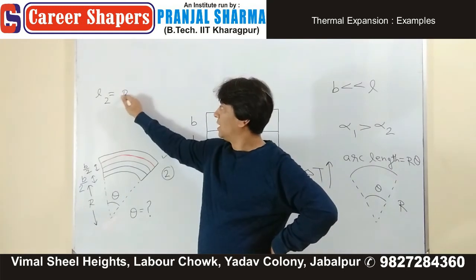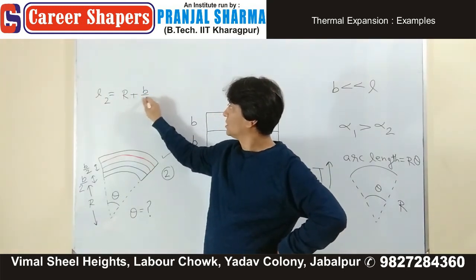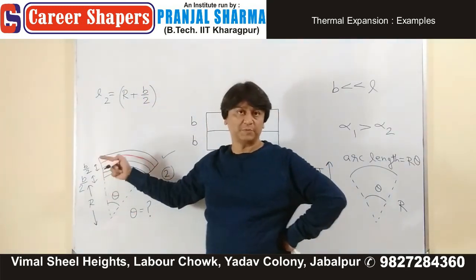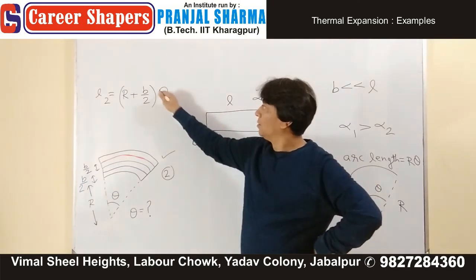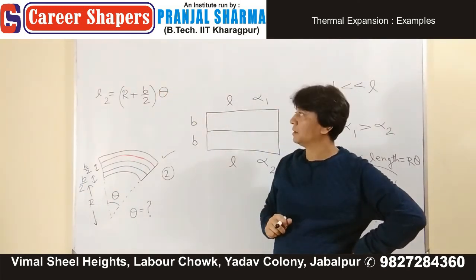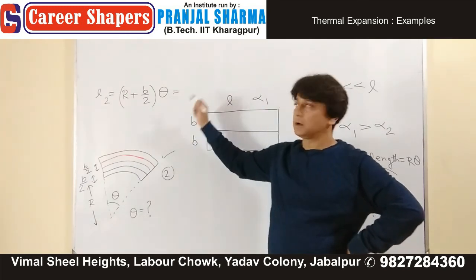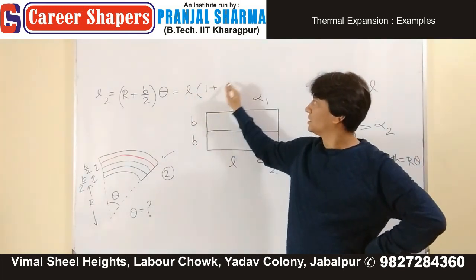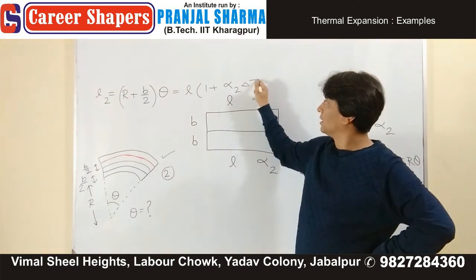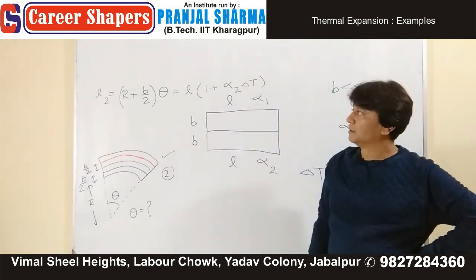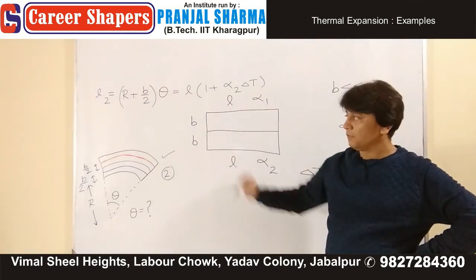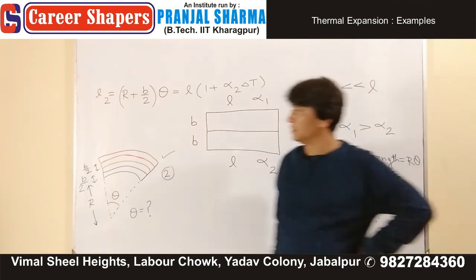What is the radius? R plus B by 2, R plus B by 2 multiplied by theta. This is the final length, which is equal to what? Initial length, which is L, times 1 plus alpha delta t. We have found the L2 part for the second plate.